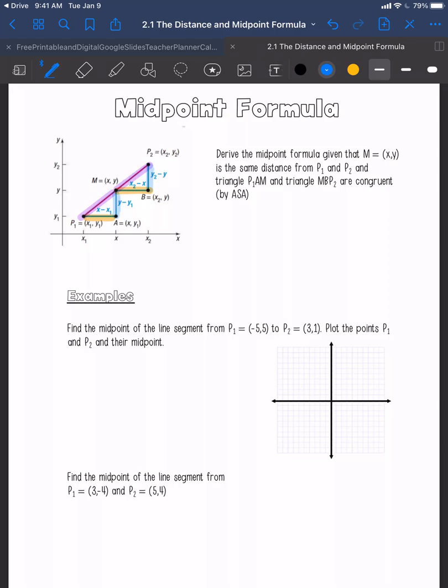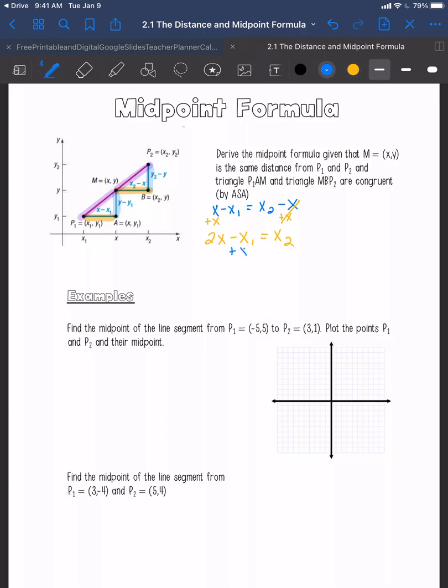So since that is true, we'll set up an equation here that x minus x1 is equal to x2 minus x. And we're trying to solve here, get our like terms together. So we're going to add x to both sides. So we have 2x minus x sub 1 is equal to x sub 2.